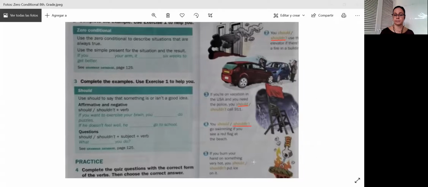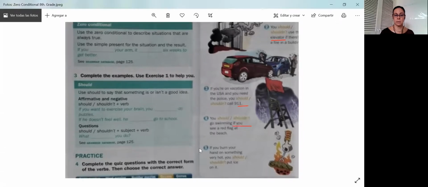And the last one, if you burn your hand on something very hot, you should or you shouldn't put ice on it.